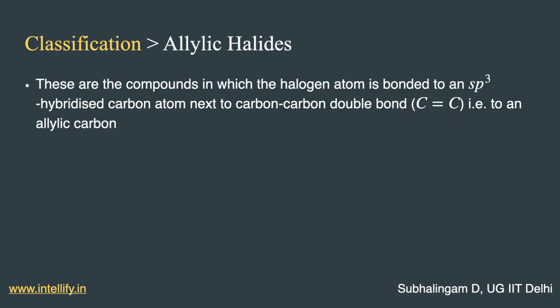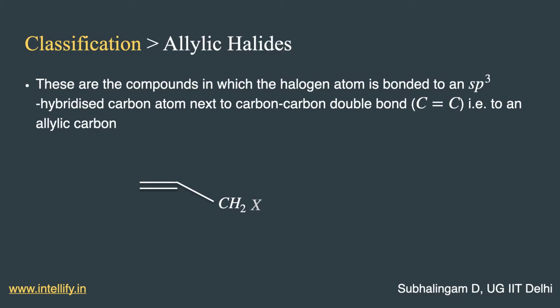Next, we have allylic halides. In allylic halides, the halogen atom is bonded to an sp3 hybridized carbon, but the carbon atom next to this carbon is sp2 hybridized. Looking at this compound, we have CH2X at the bottom tip.